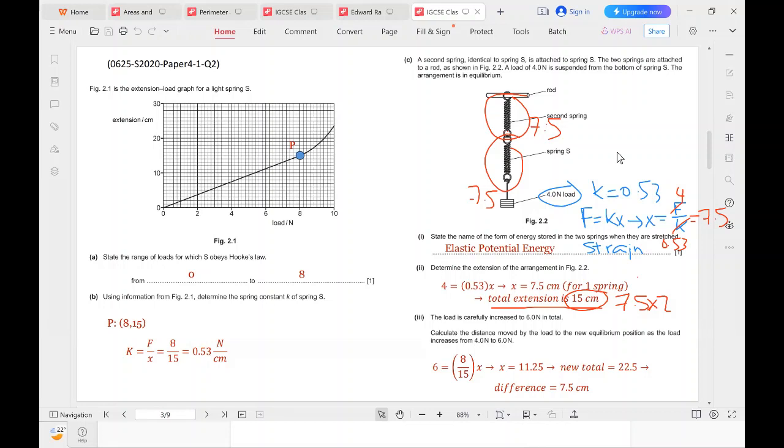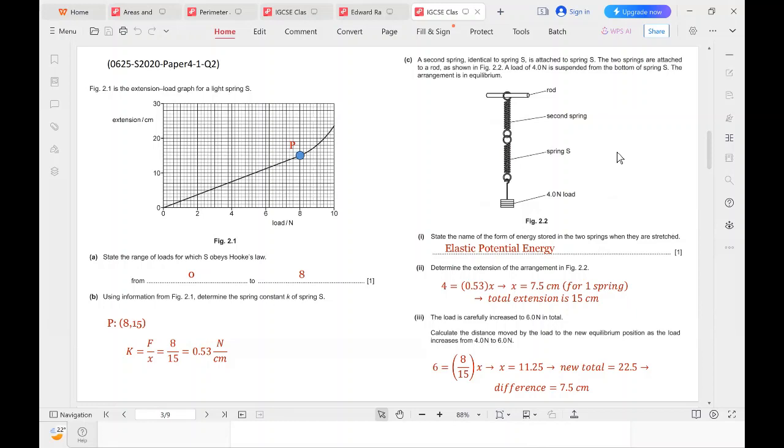Next, we're told the load is carefully increased to 6 newtons in total. Calculate the distance moved by the load to the new equilibrium position as the load increases from 4 to 6. First, we start with the 6 newtons and repeat the same process. You can write 8 over 15 or 0.53 for the value of K, it doesn't matter.